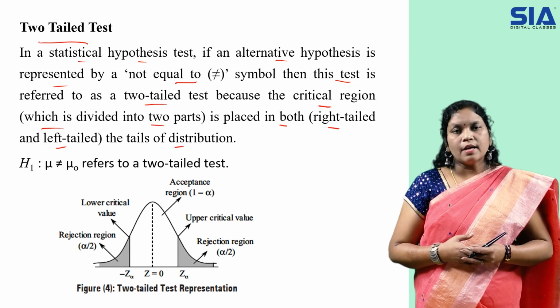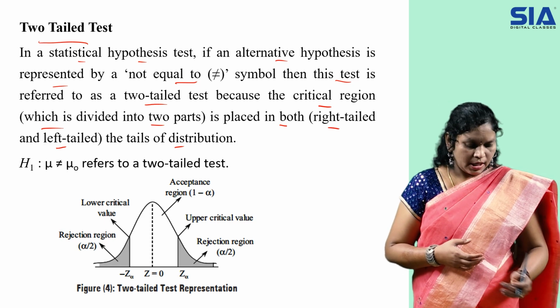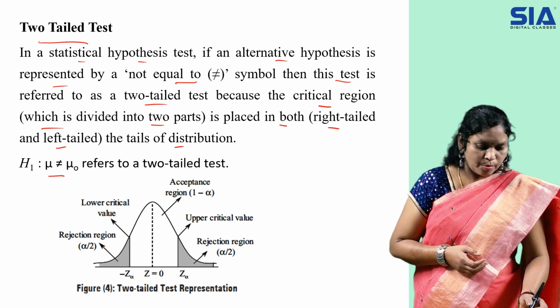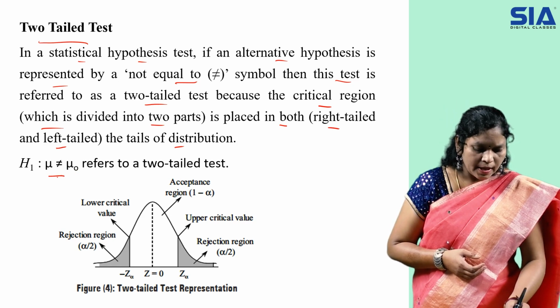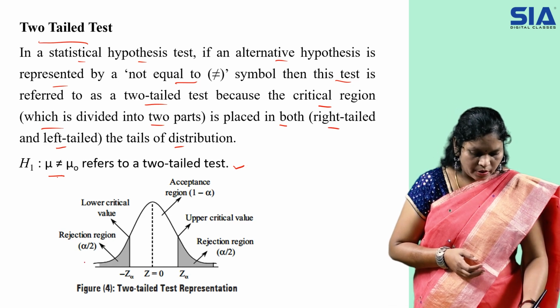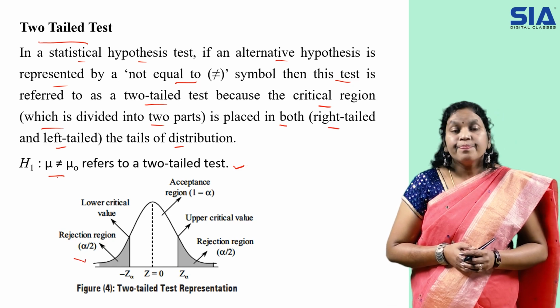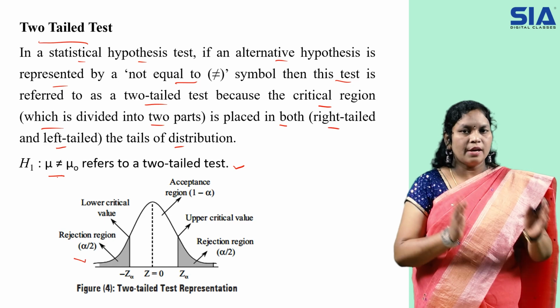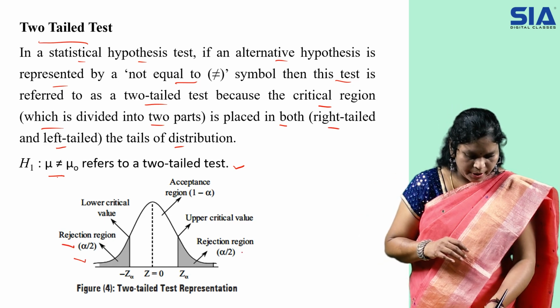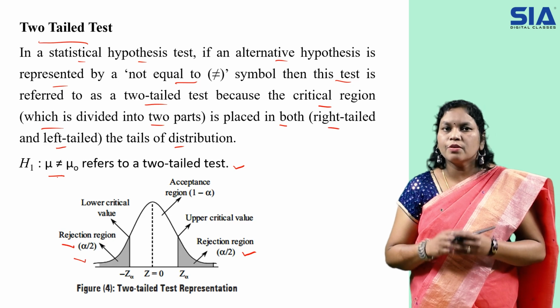Now let us check that also through the graph. So H1 is always represented symbolically as not equal to. So mu is not equal to mu naught refers to a two tail test. Now how it goes in the graph. Draw a graph and plot alpha. Alpha by 2, half to the left, half to the right. So alpha by 2 here and alpha by 2 there is the rejection region or critical region.